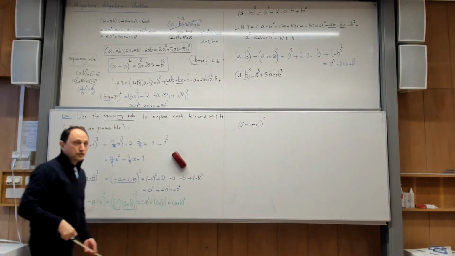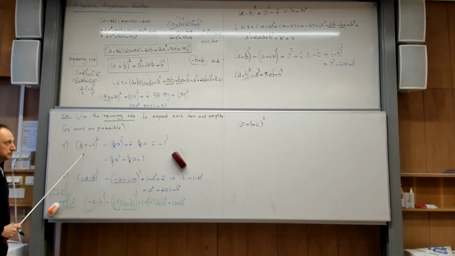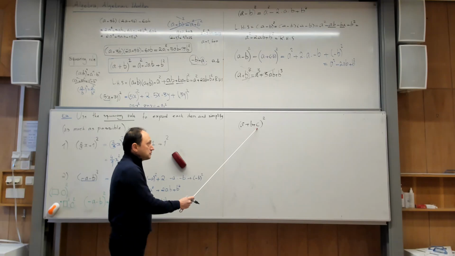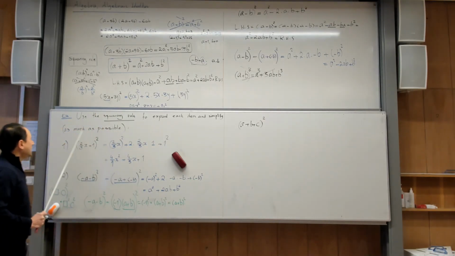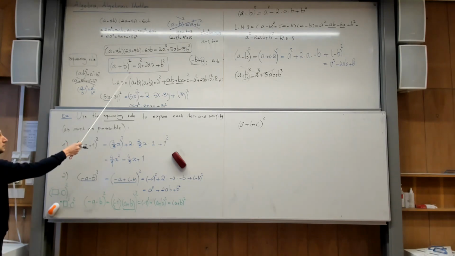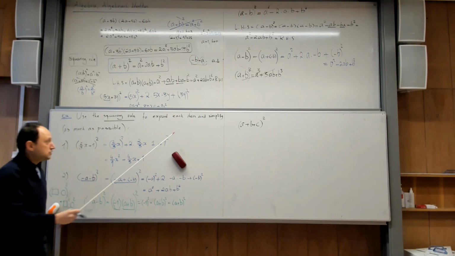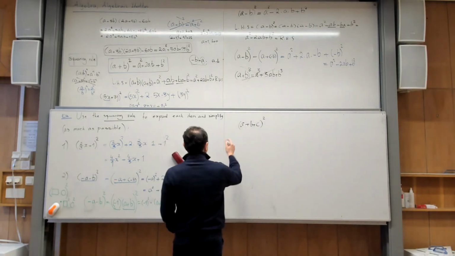First of all, I want you to understand that this is not exactly this problem, because here I have the sum of three terms squared. This squaring rule in its original form only works if I have the sum of two terms and I want to square it. So what is your take on here? What should I do here?